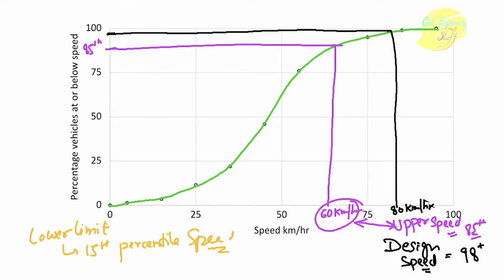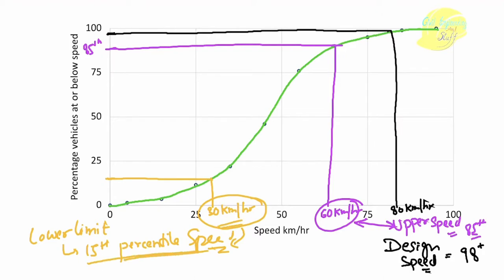So let's say the 15th percentile speed lies somewhere here, and if we draw that, let's assume your 15th percentile speed is 30 km per hour. I think this should be fine. So your low speed limit is 30 km per hour.